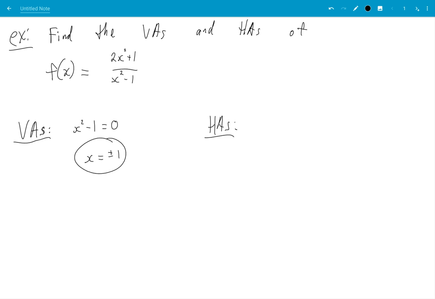For horizontal asymptotes, we're going to have to do two limits. One as x goes to infinity, and another one as x goes to minus infinity.